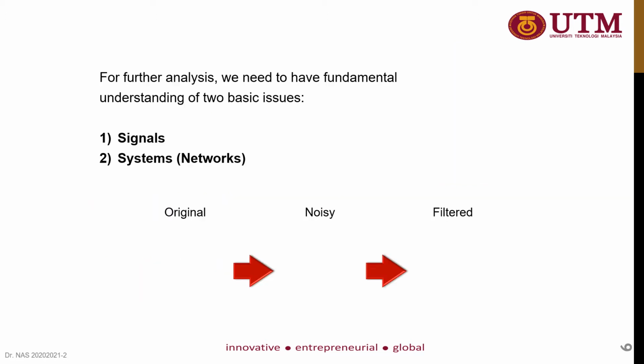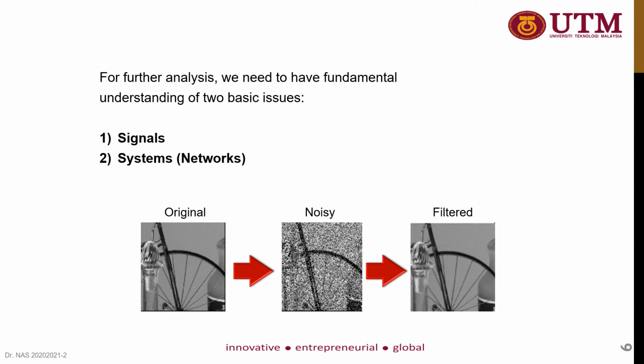This slide shows an example of a practical system. When you have an input signal that will be transmitted to the end recipient or the receiver. This is the original image. Then you send it into the system.